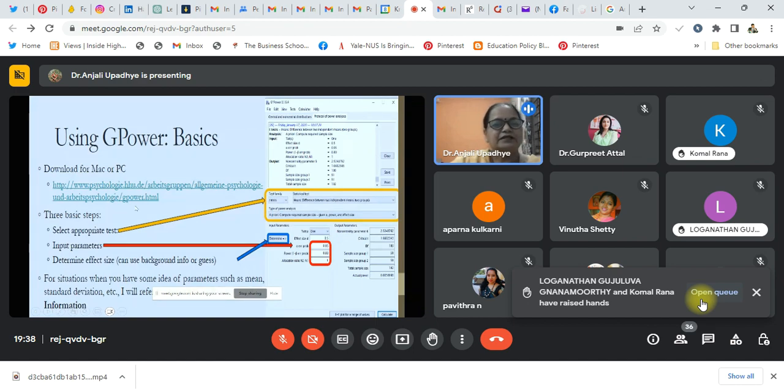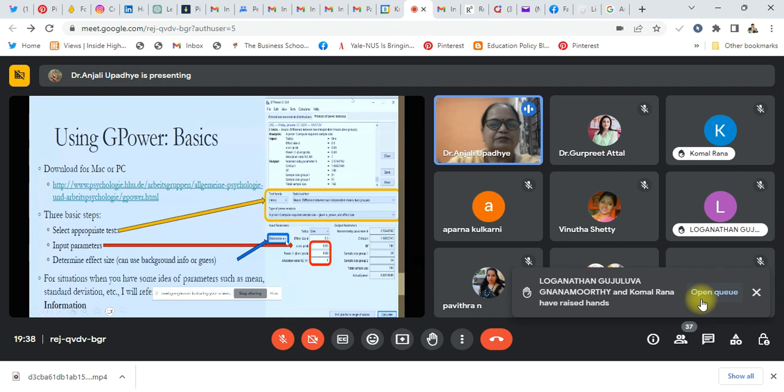Other websites are there to download the G Power tool, but those are paid websites. All are paid, but this is a psychology website and it is free. You can take this particular link. With this link you can download the G Power tool on your computer or laptop. Okay, the simple thing is that.